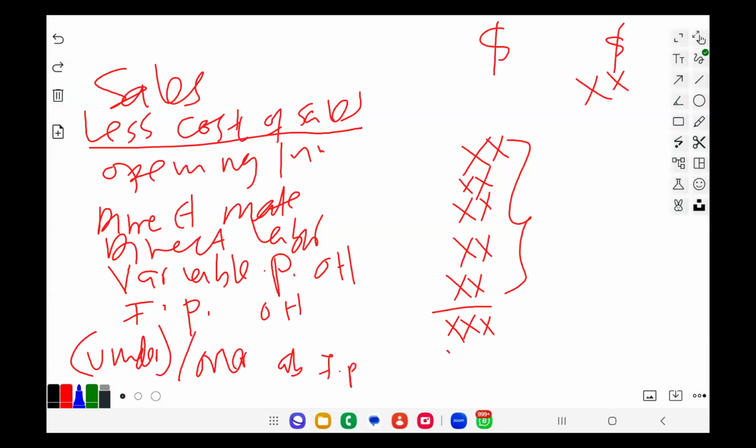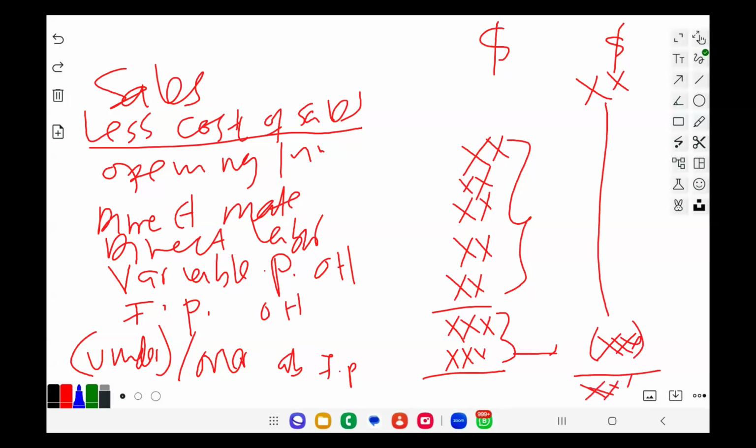You remember, you have to put it here. Add or deduct over absorption, under absorption. When you add these two, the answer you find, you push in the last column, and then you deduct this from sales so that you can get gross profit.